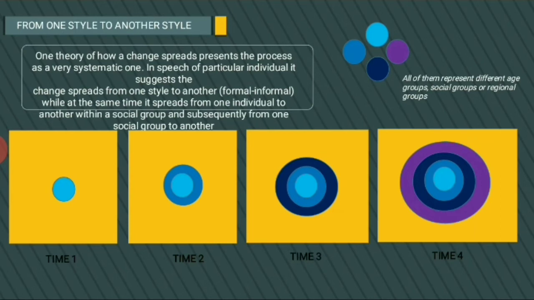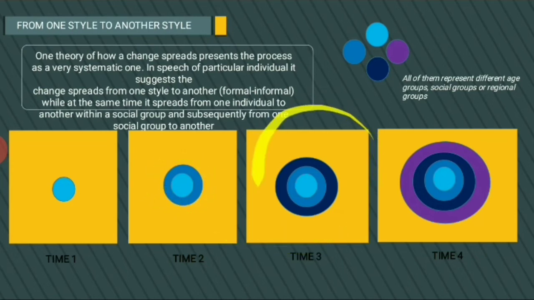We can imagine that the blue small circle in time 1 is the formal situation that is used in a small community. And then when it spreads into the bigger community, we can see that there is some influence from another context of formality. This is the outside blue.